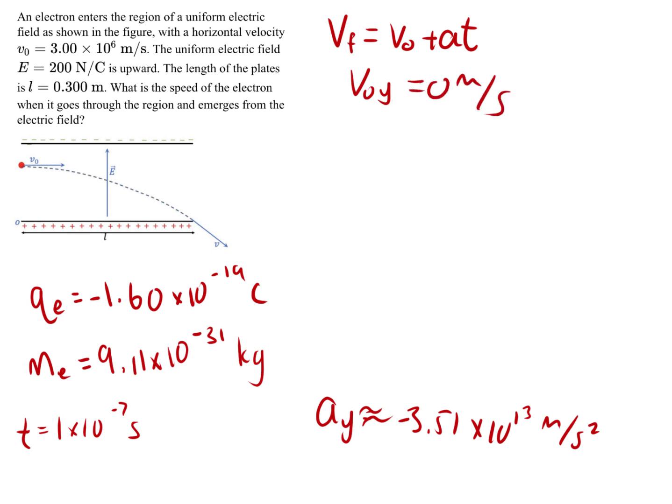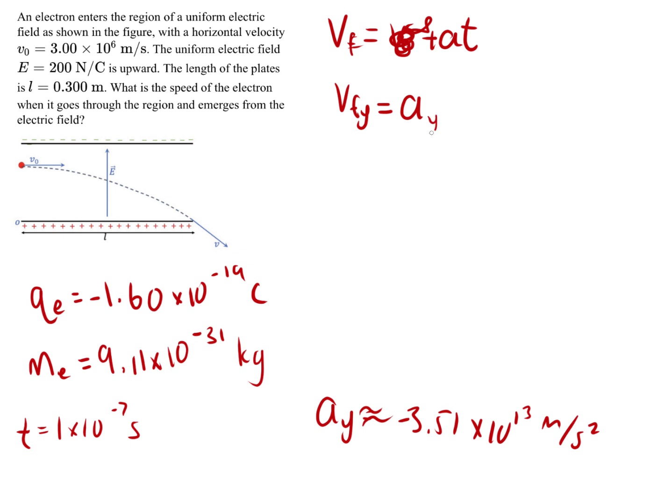It only gives us the horizontal velocity when it starts moving. So we can ignore this whole part. So the final velocity in the y direction is simply equal to the acceleration in the y direction times the time interval. Time is something that they both have in common, just like in projectile motion.